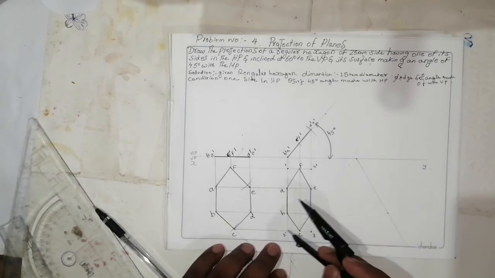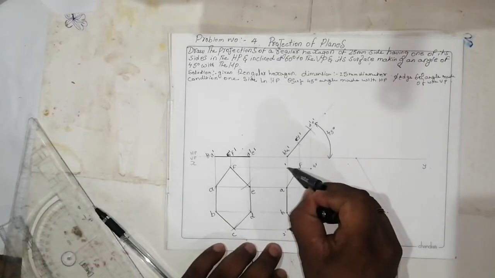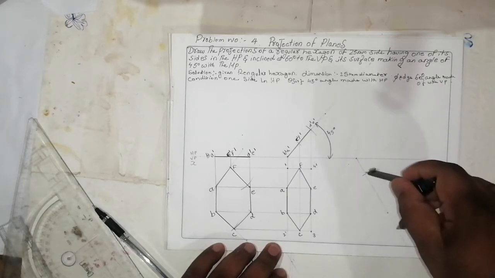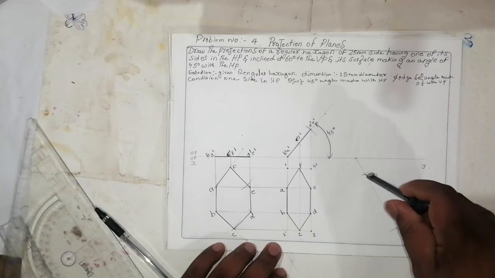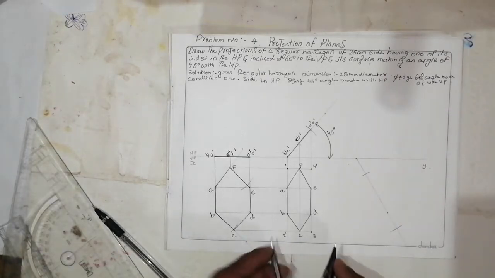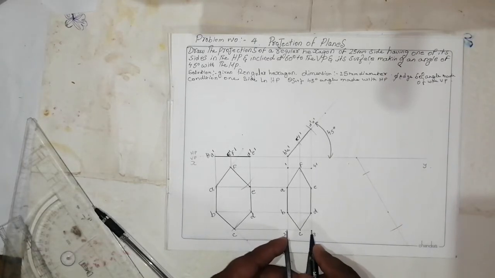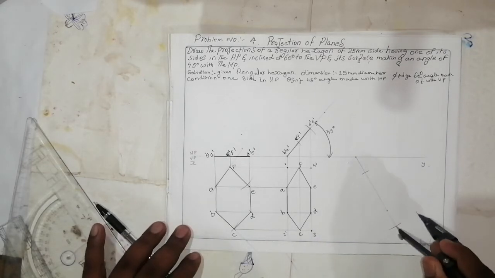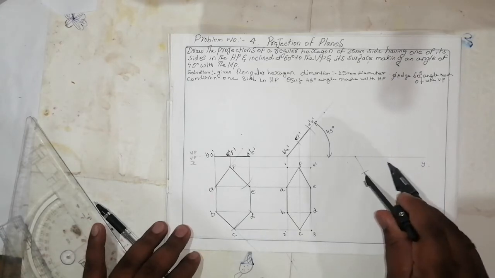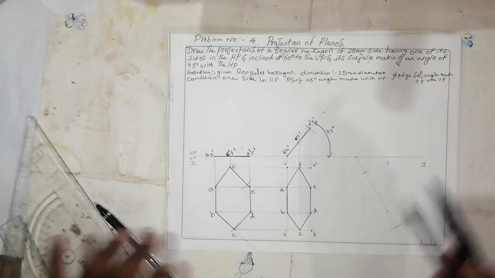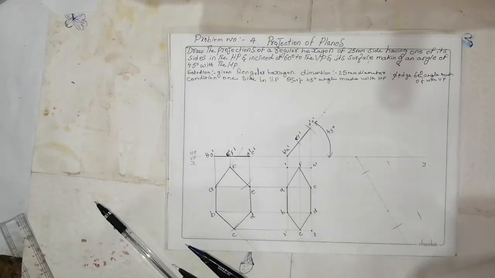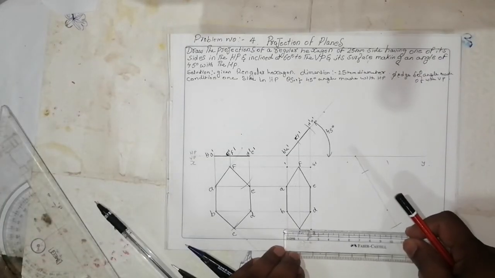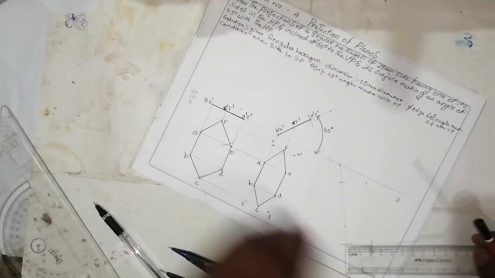From point 2 to point 1, cut an arc. The 2 point and the 3 point, cut an arc. So you make a square. How much they are given? 20, 20.